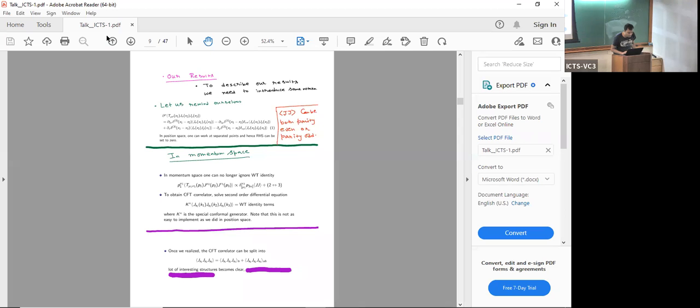I'm sorry. Again, it's very small. Maybe use this. You have to exit full screen and then fit to width or something.